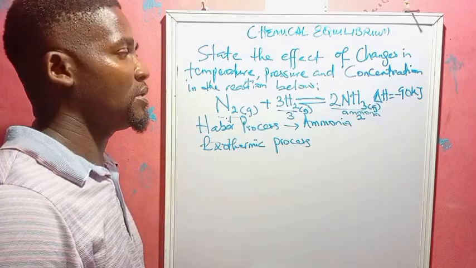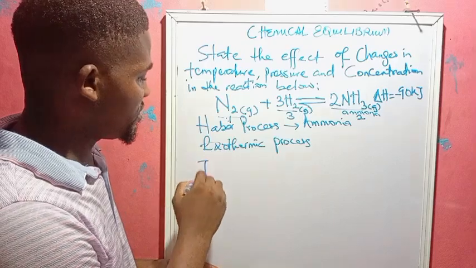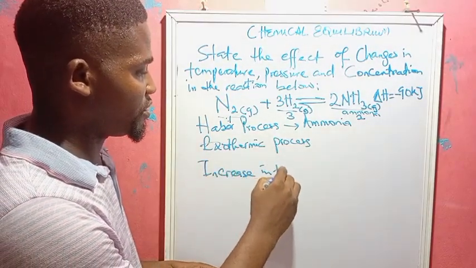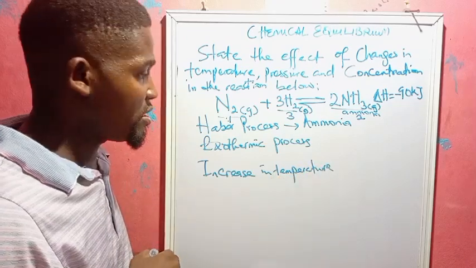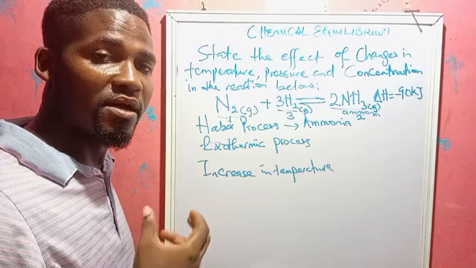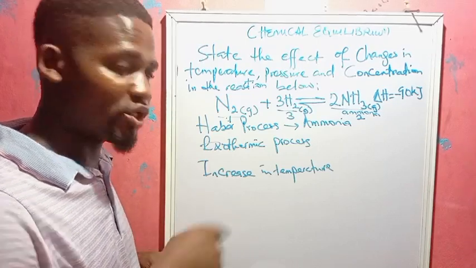Effect of temperature. What happens if temperature is increased in this system? Remember, this reaction is an exothermic reaction, so in other words, it already has high temperature in it. So if we increase the temperature, the reaction will not go forward.